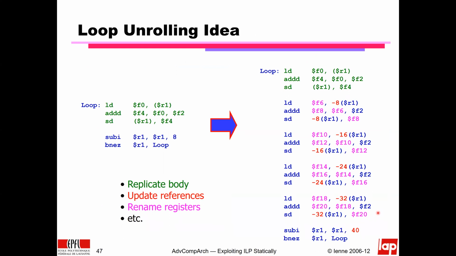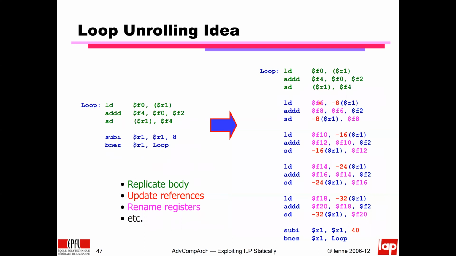What do I need to do? Okay, replicate the body first. I need to update the references, like in the example that we have seen in a high-level language before. And finally, I need to do something that is not essential, but is essential to unleash the potential of this, which is change the name of the register. Remember renaming registers? I have here F0.